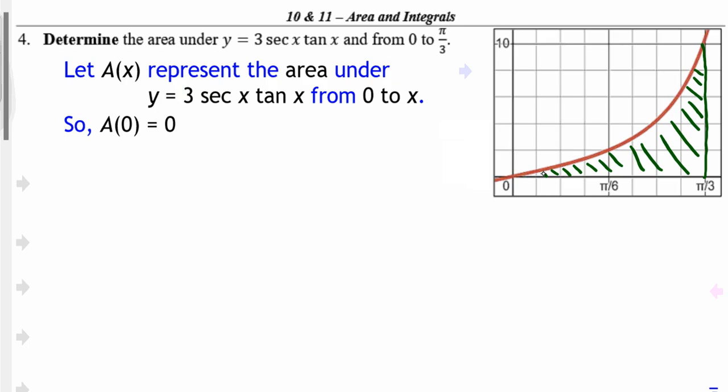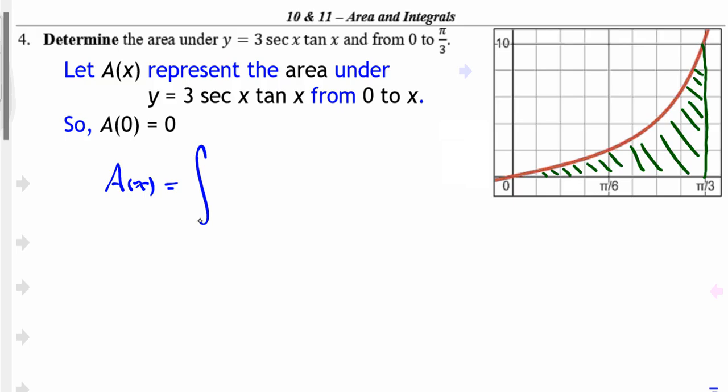Well, we're going to move past this to some other notation that we will tend to use more than this. So figure out what my area function is going to be.